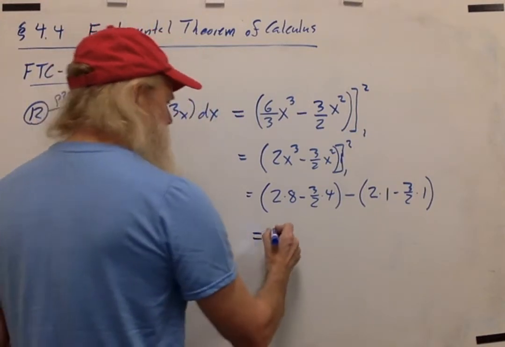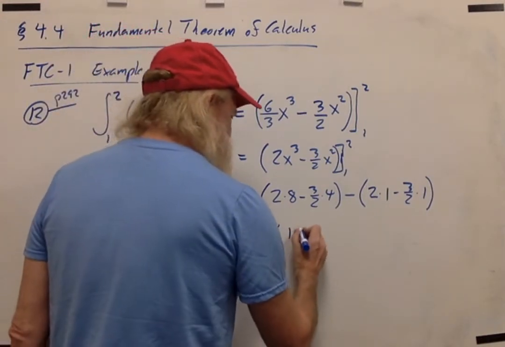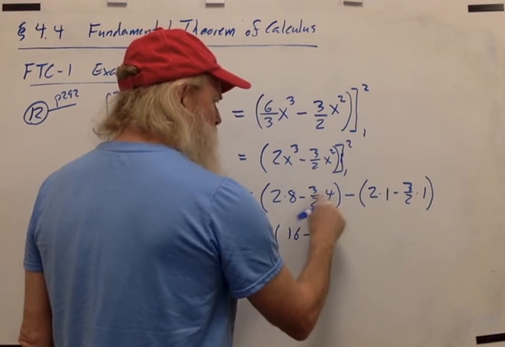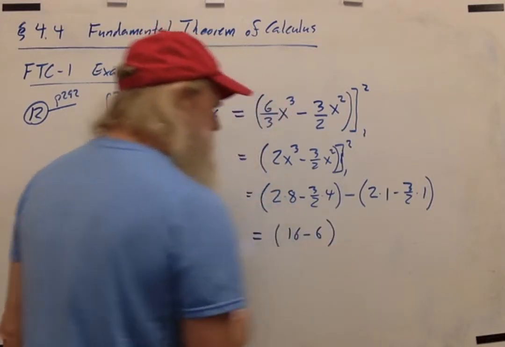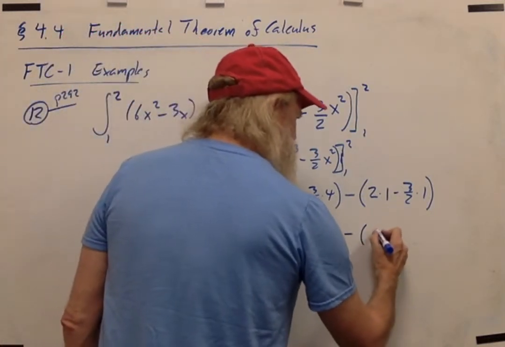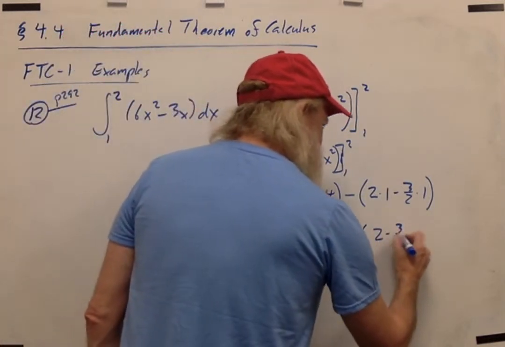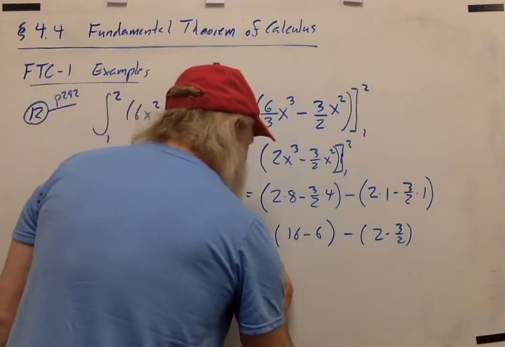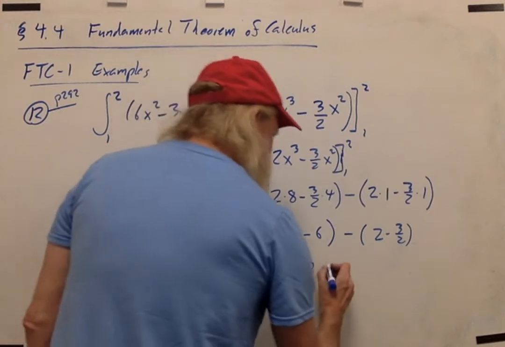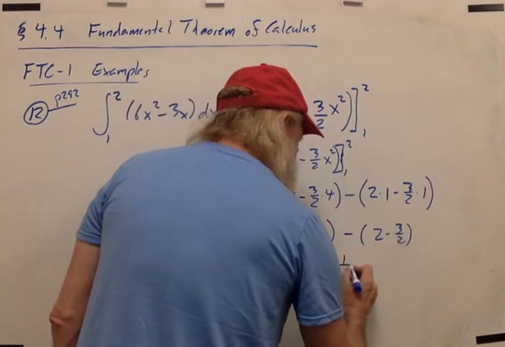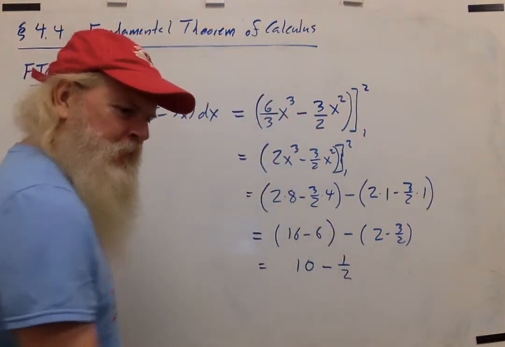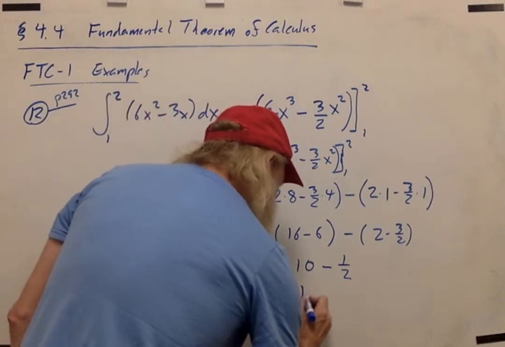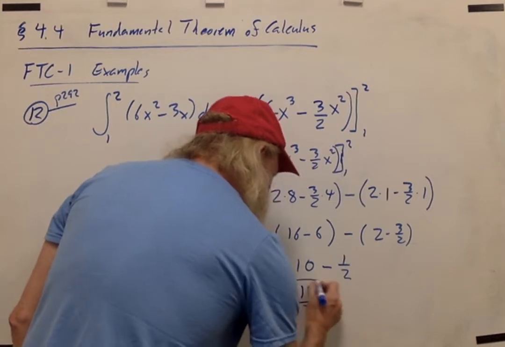And then let's simplify. 8 times 2 is 16, minus 3 halves of 4 is 6, minus 2 minus 3 halves. 16 minus 6 is 10, and 2 minus 3 halves is 1 half, and 10 minus a half would be 20 minus 1 over 2, so 19 over 2.